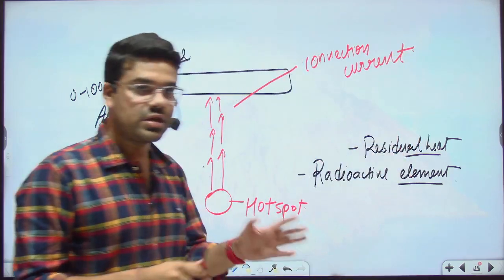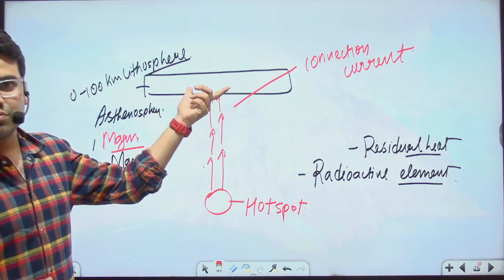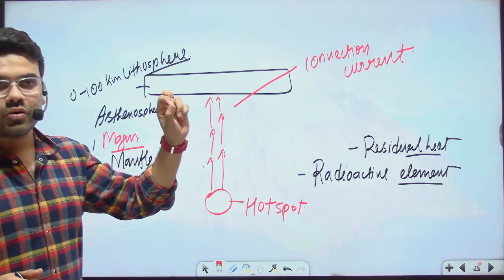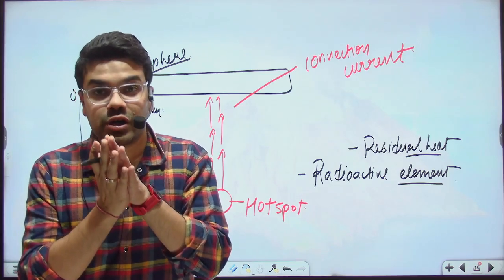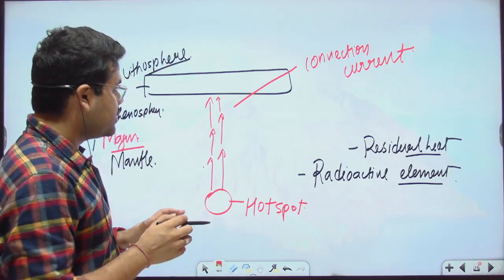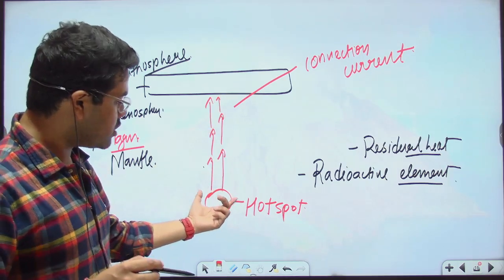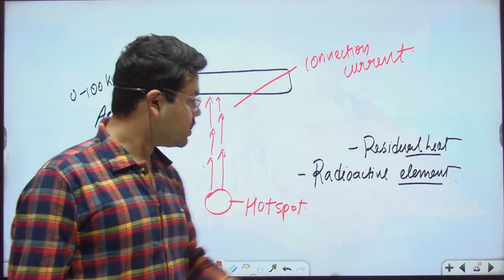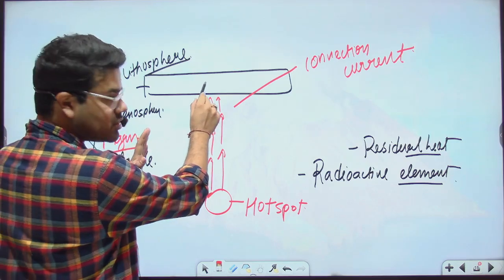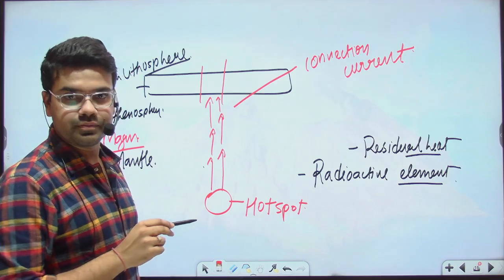Convection current is just the rise of the magma, and it strikes the lithosphere block. The lithosphere block is a part of the earth crust. It is made up of solid rock material. Since the current goes up from this hotspot because of residual heat and radioactive elements, it strikes the earth's crust, or the lithosphere, and breaks the crust into two parts.